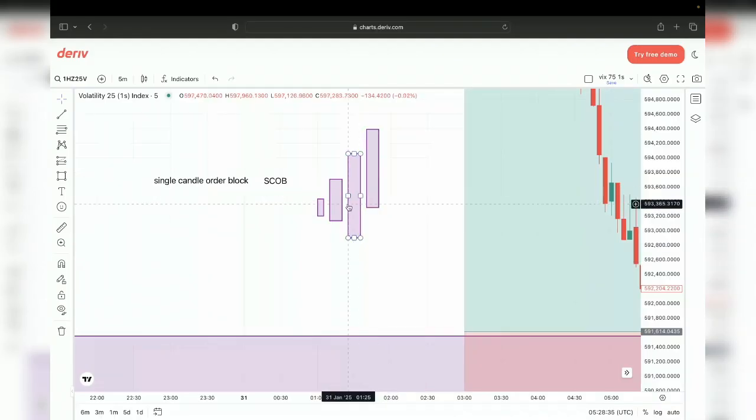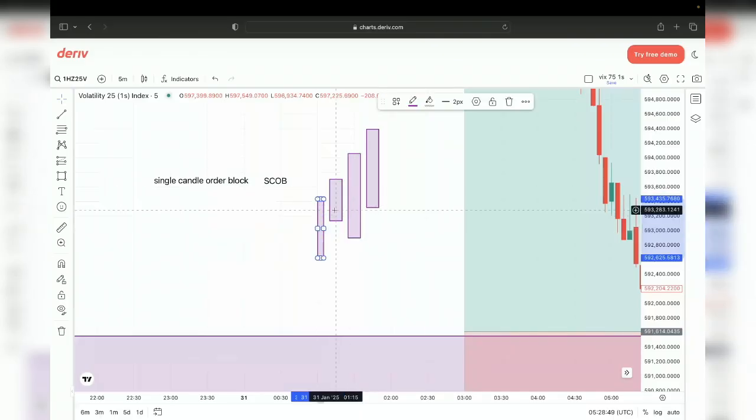That's why I told you that if your single candle order block is correct, it's not supposed to go below that point again. This candle closes below the last candle, and even if there was one candle here before, and then this one here, and this one comes, the candle becomes a single candle order block. Any candle that closes below another candle and then another closes above it, that particular candle is called a single candle order block.